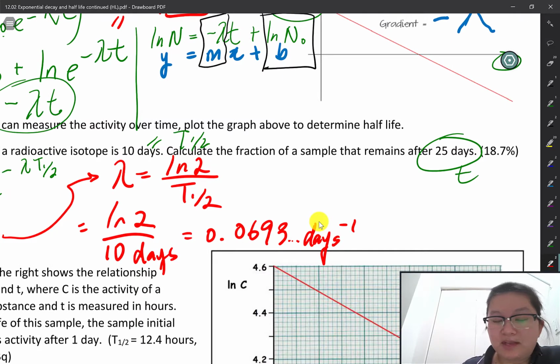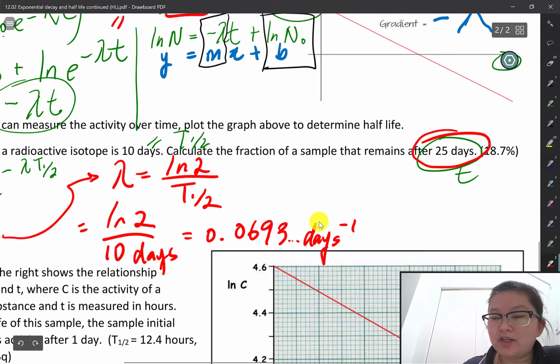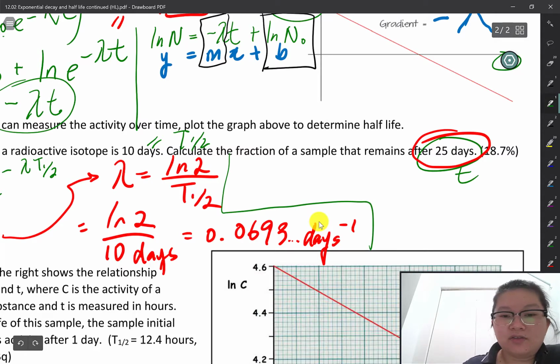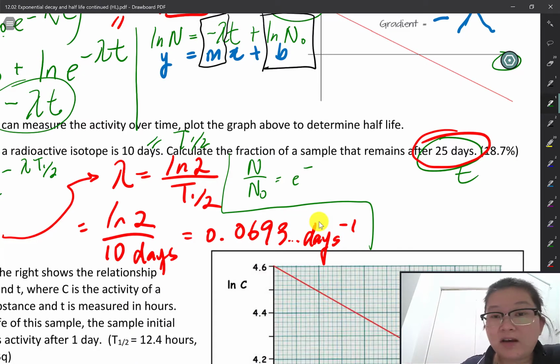And that's okay because the time that we have to eventually use will be in units of days anyways. So to find the fraction of the sample, this is N over N naught, is equal to e to the power of negative, and guess what? We know the decay constant now. The decay constant is 0.0693, and I am going to show the units per day, okay?